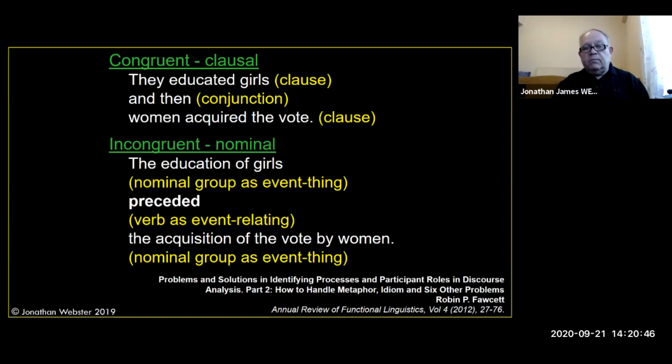But then, as is so often the case in the way we write, we turn these clauses into nominal groups, noun phrases. They educated the girls becomes the education of girls. Women acquired the vote, the acquisition of the vote by women.